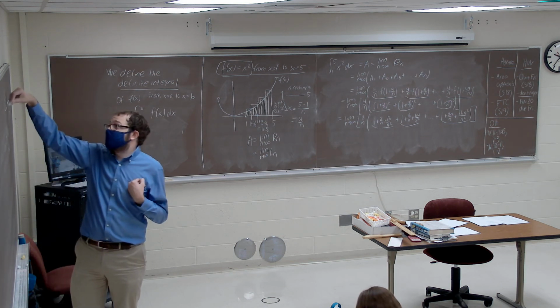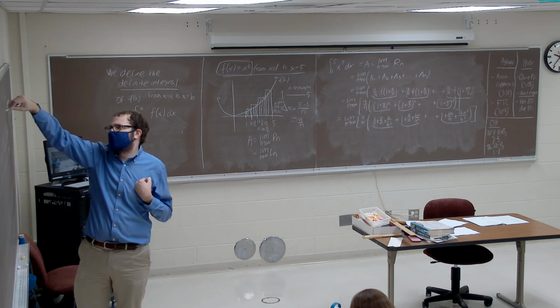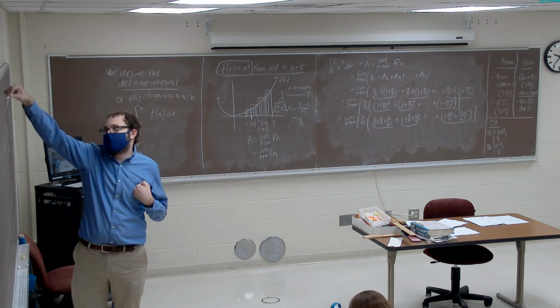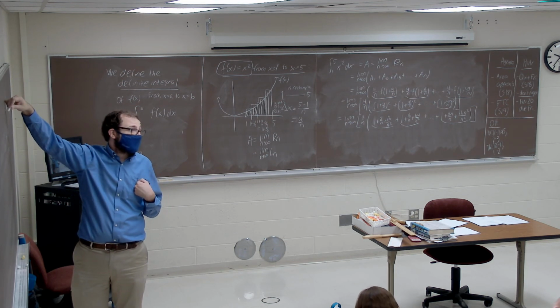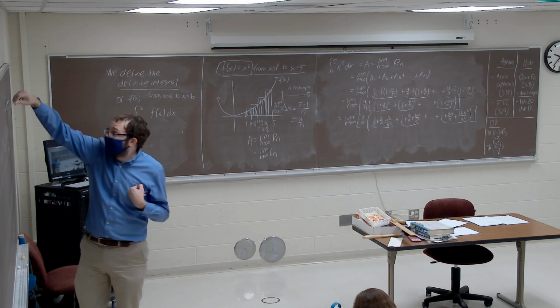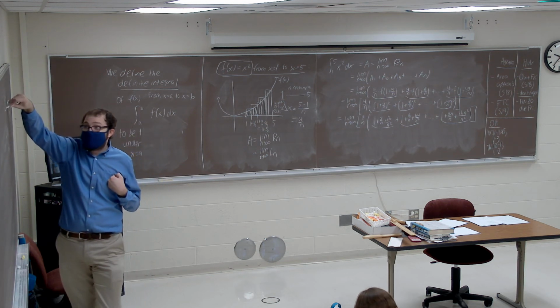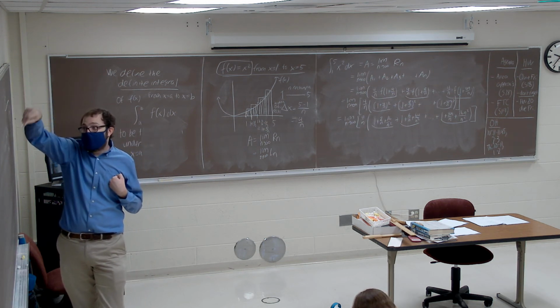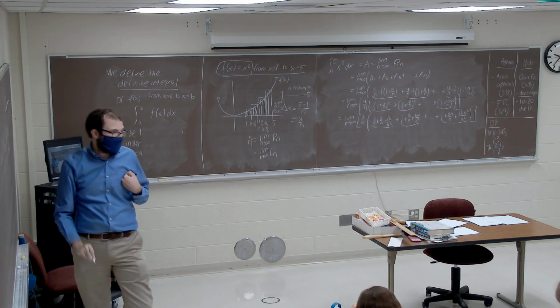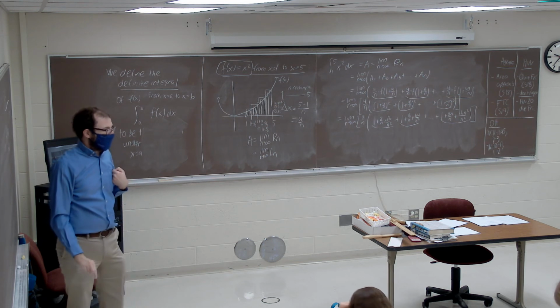So to get to the right endpoint of our first rectangle, we have to add a single copy of 4 over n from our starting point to get the x-coordinate of the end of the first rectangle. And then to get to the endpoint of our second rectangle, we're going to have to add 4 over n again a second time, which is where the plus 8 over n came from.